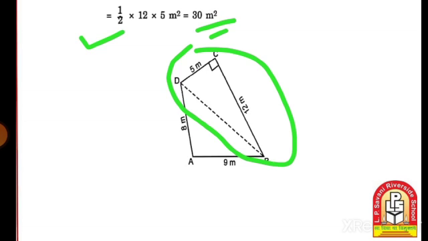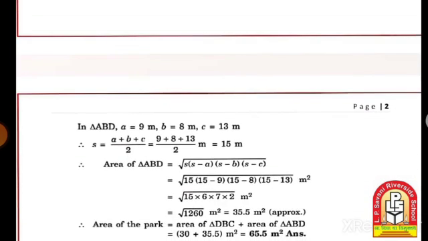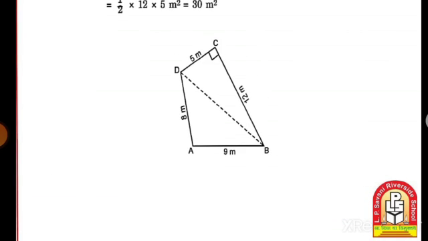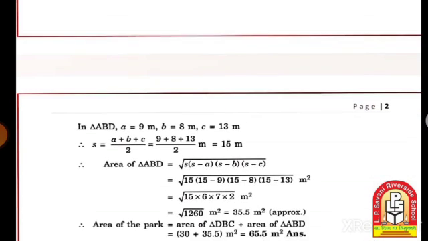Then next we have to find out the area of this ABD. So in triangle ABD, A is equal to 9 meter, B is equal to 8 meter and C is equal to 13 meter. Then use Heron's formula to find out the area of triangle ABD.